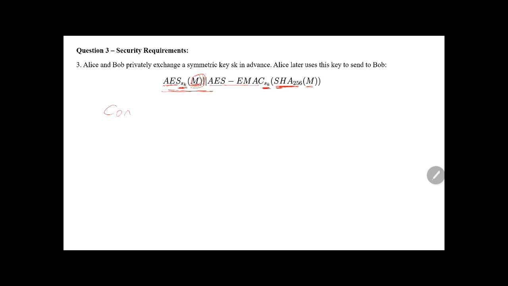So here we have confidentiality due to the AES encryption part, and we have integrity due to this MAC hash part. So basically, we satisfy both confidentiality and integrity, but we do not satisfy non-repudiation, simply because there is no signature that ensures that Alice here is the sender.